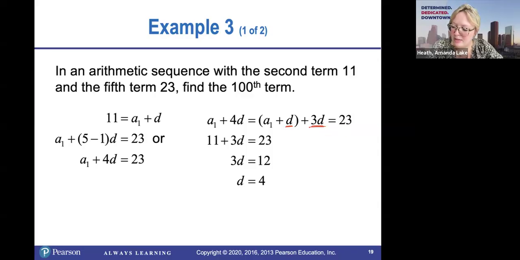And so I know A1 plus D is 11. So 11 plus 3D is 23. And I can simplify, subtracting 11 from both sides, dividing both sides by 3, and getting D equals 4. And so to find what A1 was, I know that A1 plus 4 is 11. So that tells me that A1 has to be 7.